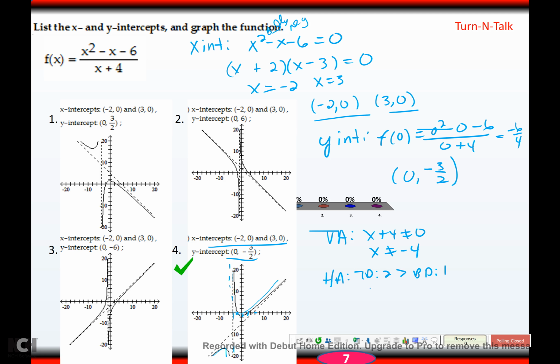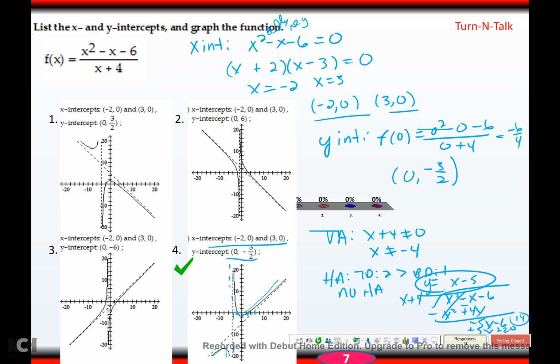Since top degree is bigger than the bottom degree, there's no HA, but there is a slant, and if I divide, x plus 4 goes into x squared minus 6 x times, that's x squared plus 4x, draw the line, change the signs, that's negative 5x minus 6. Negative 5x divided by x is negative 5. That's negative 5x minus 20. Change the signs and I get a remainder of 14, which I don't care about. Whatever's on top is your slant asymptote.